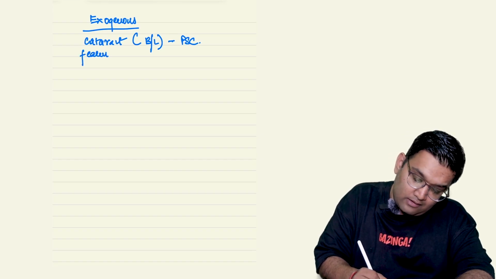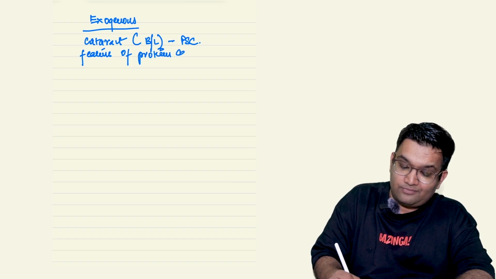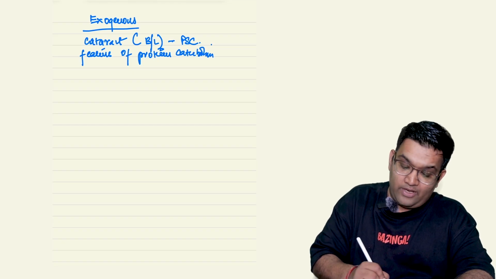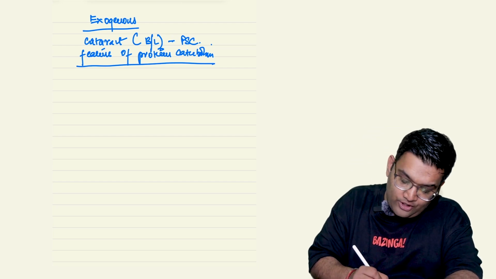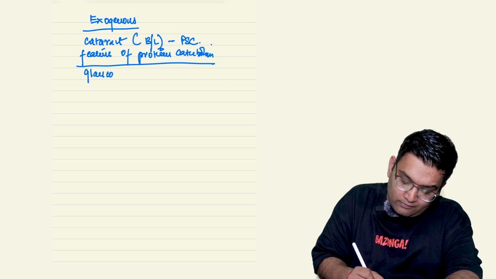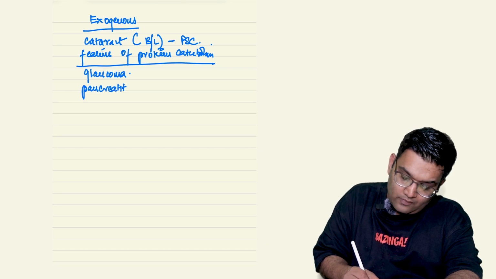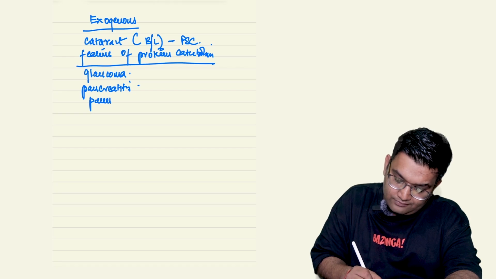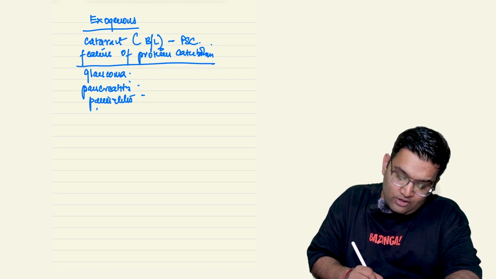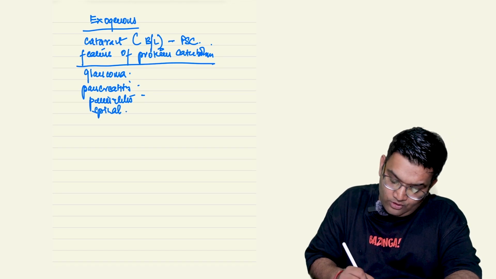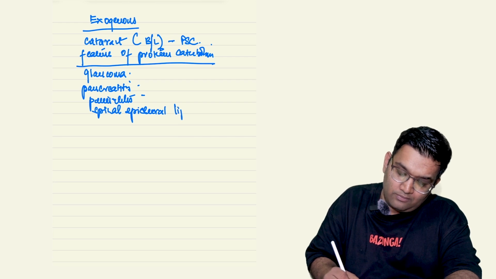Features of protein catabolism are going to be more because of more potent steroids being used. Then there is going to be glaucoma, pancreatitis, panniculitis. Then there is something known as spinal epidural lipomatosis.